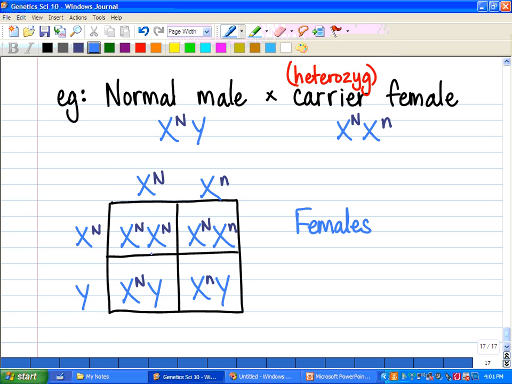Well, this female is normal vision with two capital N's, but so is this one. They have that capital N hiding the recessive colorblind allele. So for females, they're 100% normal vision. These two individuals could not have a colorblind daughter. 100% normal.